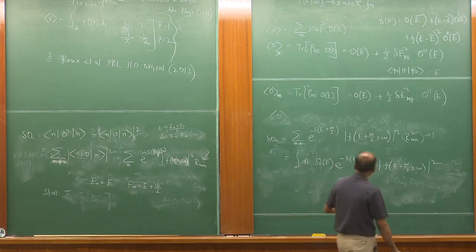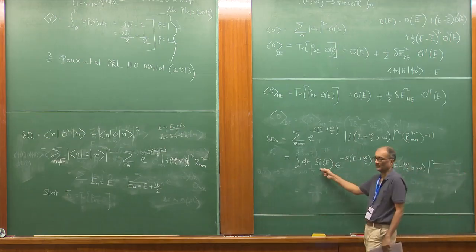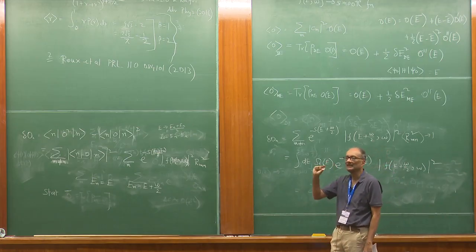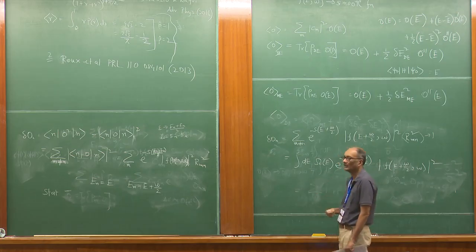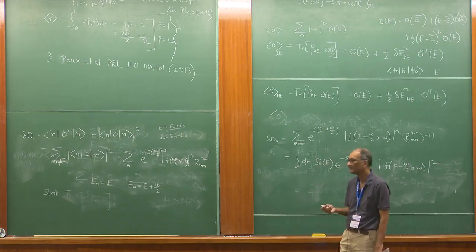Okay, so the point is that when I have this, I need to find out what this is. If I take a small energy window of D, then this is just the number of states in that energy window, right? That's the density of state. And this I know is going to go as exponential of S because that number is D basically, right?